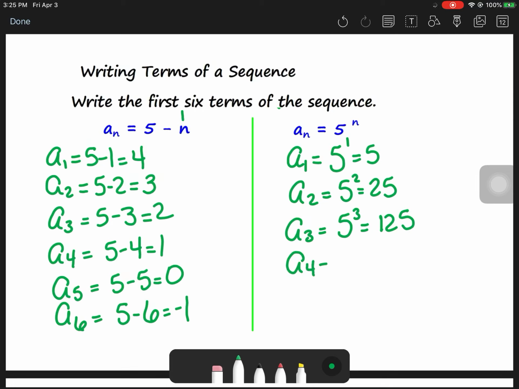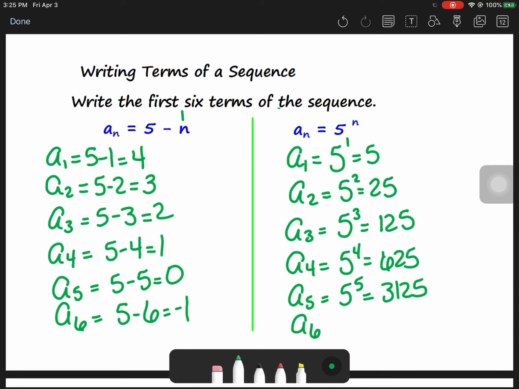When I want my fourth term, I'm going to plug a 4 in, which is 5 times 5 times 5 times 5, which is 625. On my fifth term, I'm going to plug a 5 in for my exponent. And on my sixth term, I'm going to plug a 6 in. 5 times itself 6 times is 15,625.